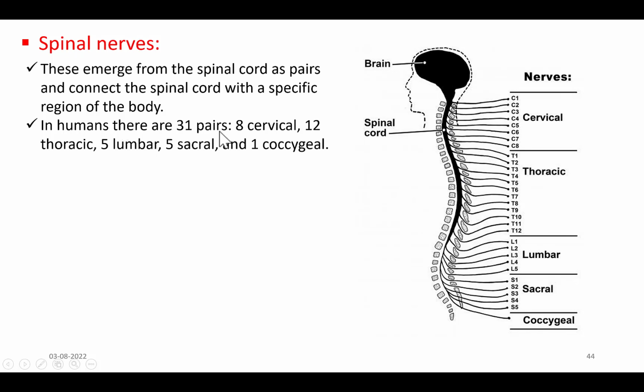In humans there are 31 pairs of spinal nerves. 8 are cervical, so at the neck region we have 8 spinal nerves, and at the thoracic region we have 12 pairs, and at the lumbar region we have 5, sacral 5 and coccygeal 1. So in total 31 pairs of spinal nerves are present in our spinal cord. Got it?